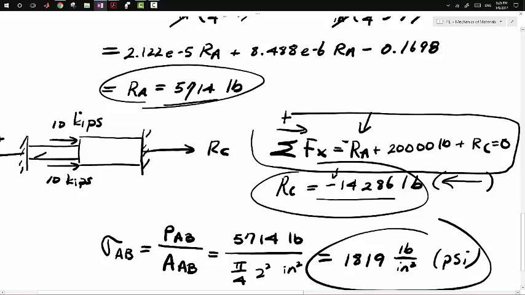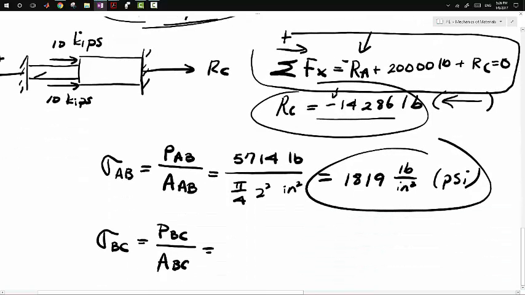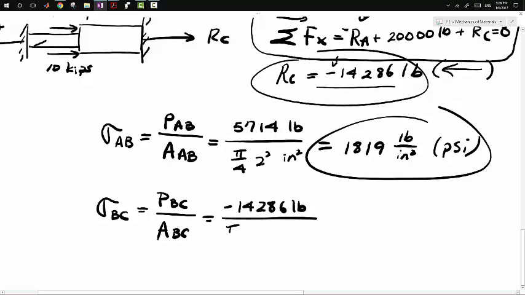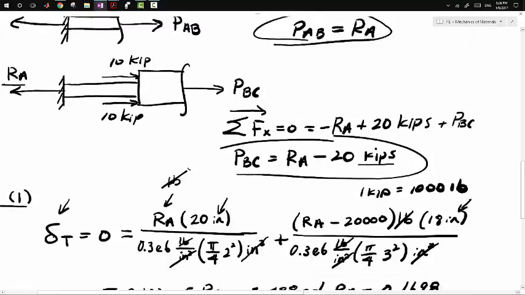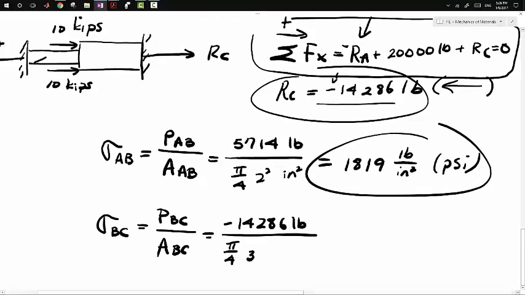So that's negative 14,286 pounds divided by pi over 4 times the diameter BC. Diameter BC is 3 inches. So 3 squared, inches squared. So this should come out to be negative 2,021 pounds per inch squared, or PSI.